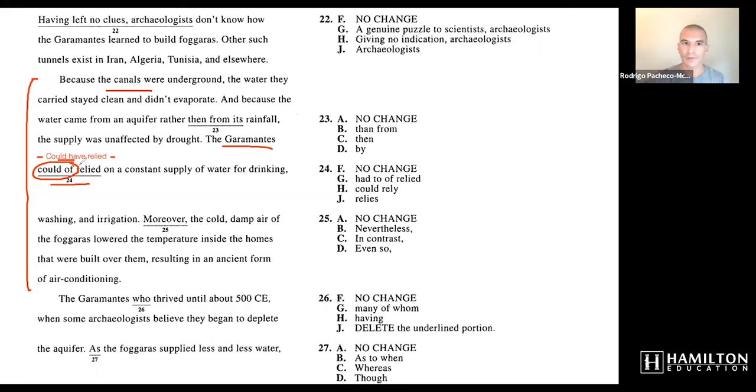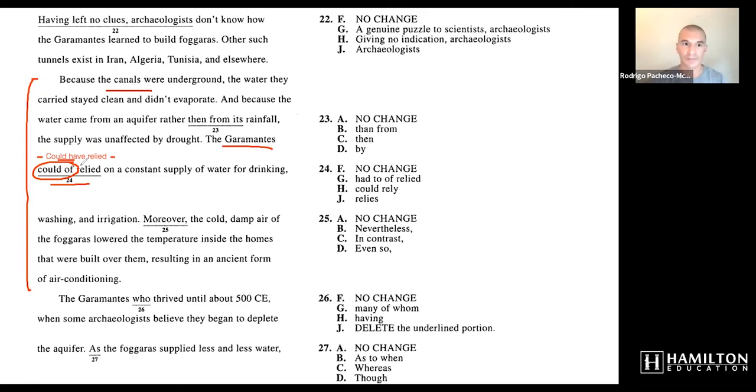Now, the other reason why this wouldn't work, even if we didn't have this issue, is that this would suggest that they did not rely on a constant supply of water.